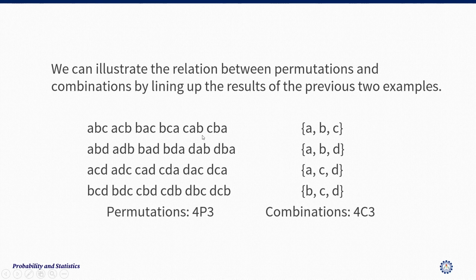So let's say, for instance, ABC, ACB, BAC, BCA, CAB, CBA. When we get the distinct elements here, we get ABC. In the second row, we have ABD, ADB, BAD, BDA, DAB, and DBA. The distinct element there is ABD. Same with the other rows.